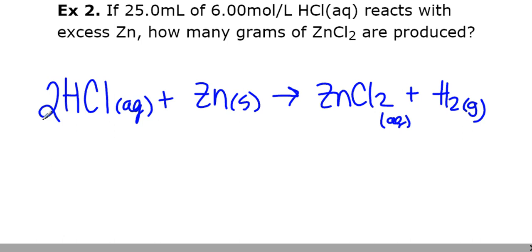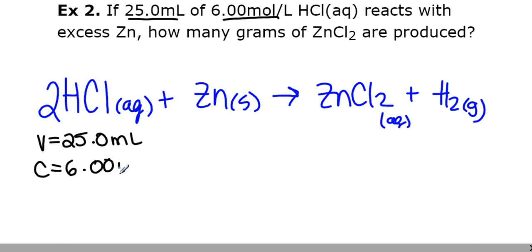Now let's organize our information. So we have a volume and a concentration of hydrochloric acid. Then we've got a piece of information here, excess zinc. Do you remember limiting and excess reactants?